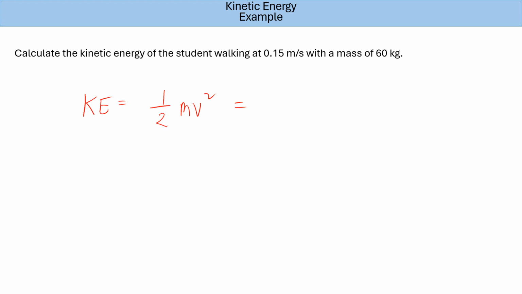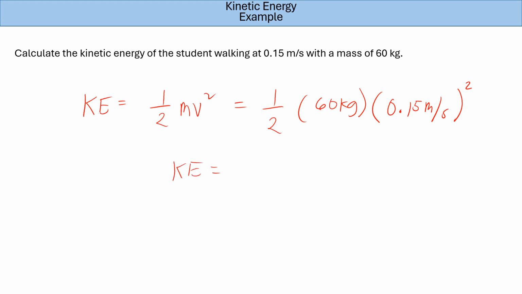So this will be equal to 1 half times the mass multiplied by the magnitude of the velocity, which is 0.15 meters per second, and this is squared. So the KE will be equal to 1 half times 60 times 0.15 squared. So that is 0.675 joules. So as simple as this.